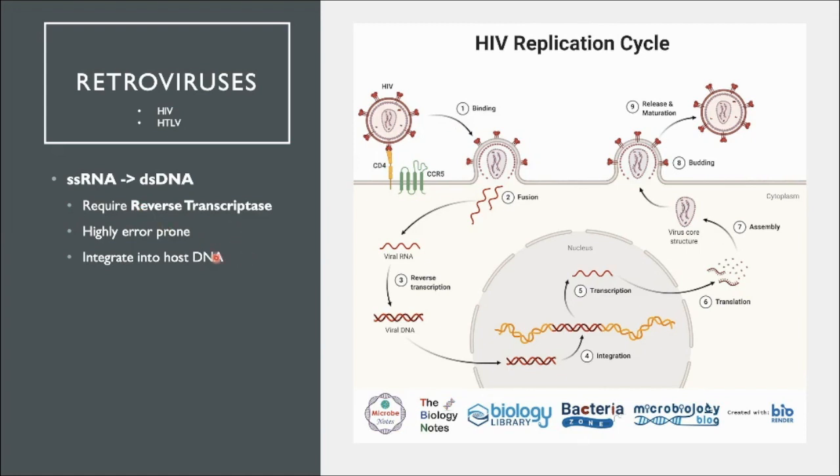The thing with this, much like really any of the RNA polymerase in viruses, is they lack that proofreading. So retroviruses, the prototype being HIV, are very highly error prone, which is why they mutate so much and why it's so hard to keep drugs up to date with HIV. And the other thing that's key about retroviruses is they actually integrate into the host cell.